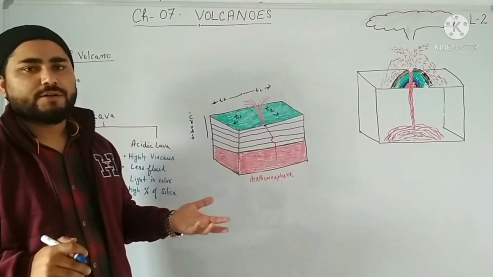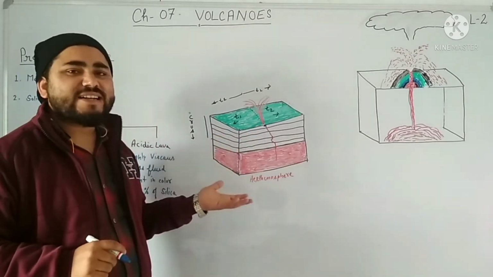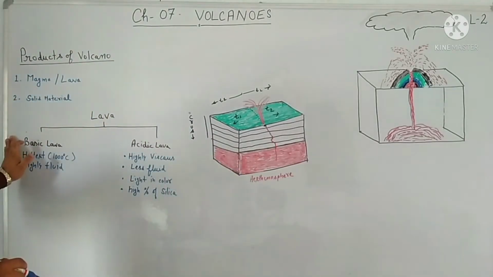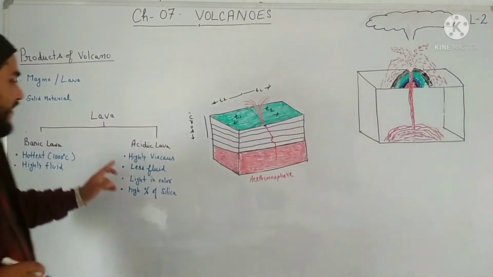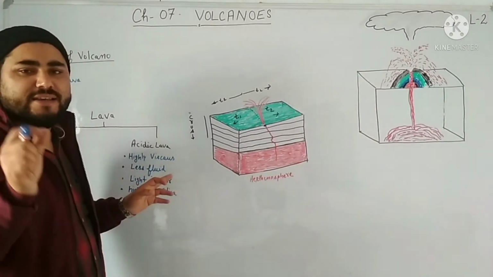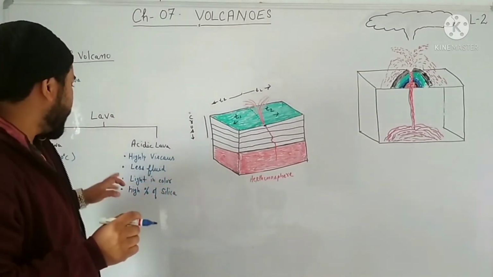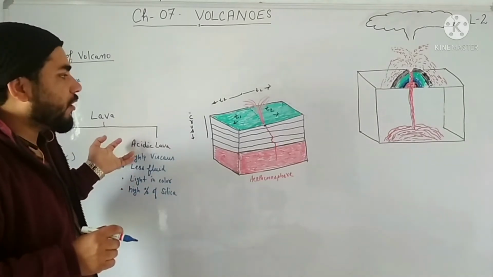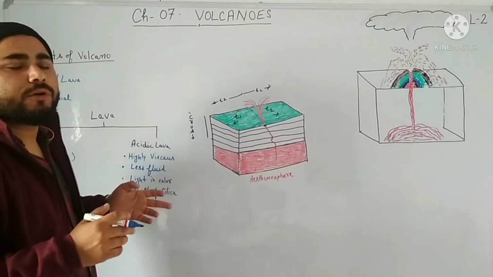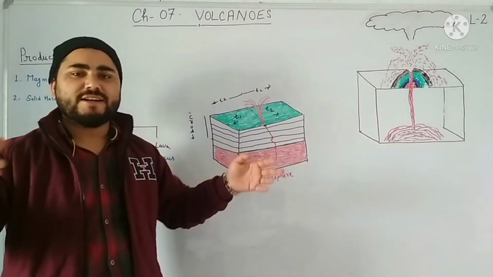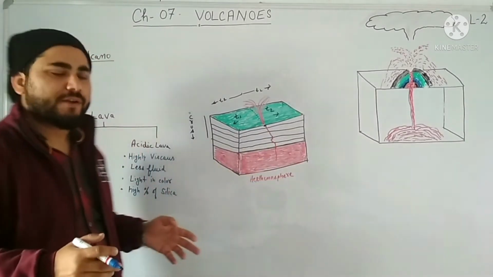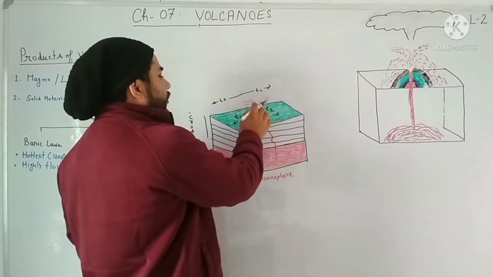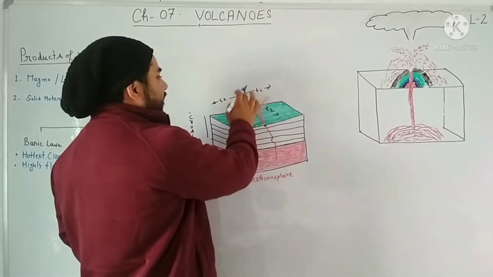So volcanic shields are always created by basic lava, not acidic lava, because acidic lava is highly sticky, viscous or thick, and less fluid. It cannot flow to a large extent on the surface of the earth. It just keeps depositing on nearby places only, here and here and here.